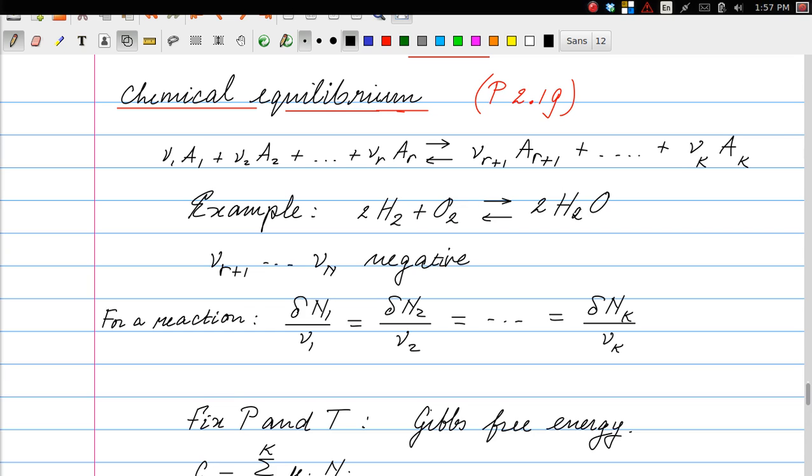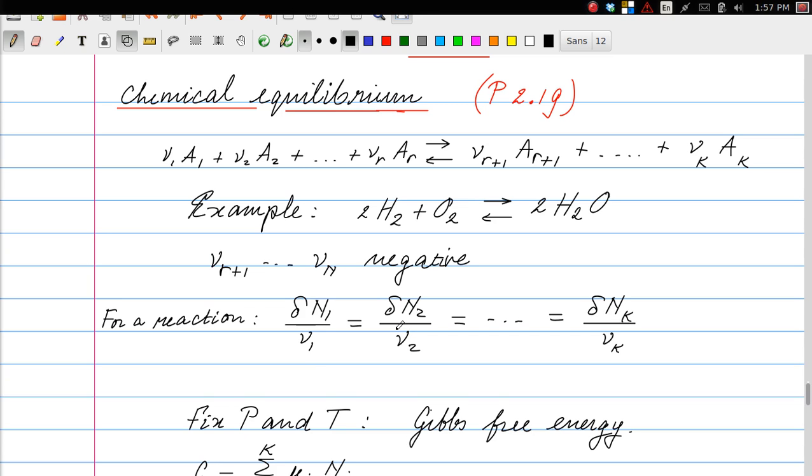So increase on the left is decrease on the right, decrease on the left is increase on the right, and therefore it's useful to change these numbers a little bit. We make them negative if they are on the right hand side. So nu r+1 up to nu k, they are negative. And looking at this example, you can convince yourself that a change in the concentration here divided by the appropriate prefactor is the same for each species.